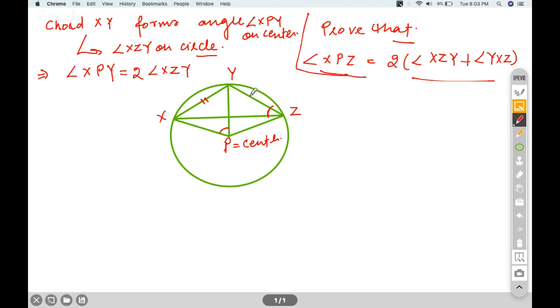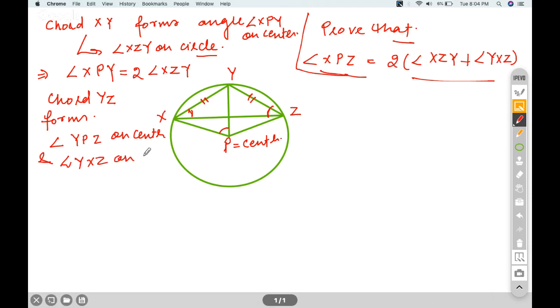And similarly, if I take this chord, chord YZ forms angle YPZ on center and this angle YXZ on circle.